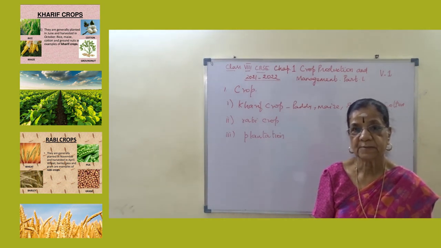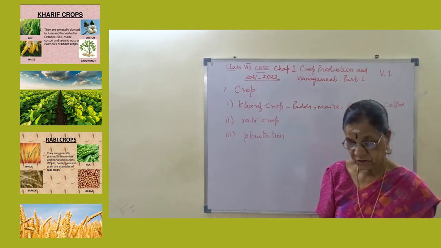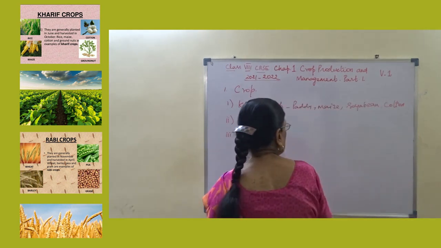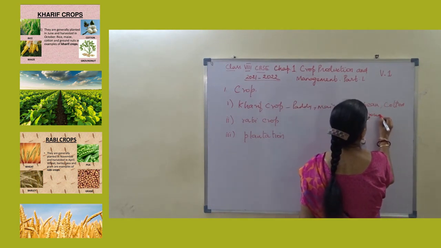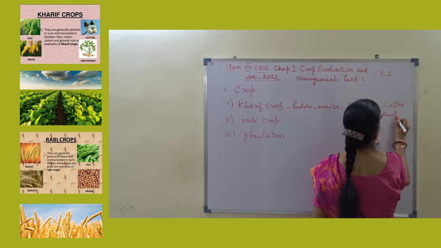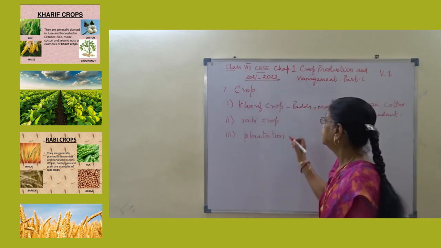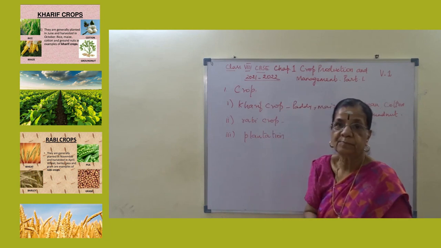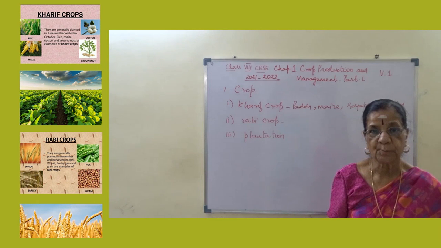The examples: paddy, maize, soya bean, groundnut and cotton. Groundnut is in your book, note it down. Right? Now the rabi crop, spelling R-A-B-I.